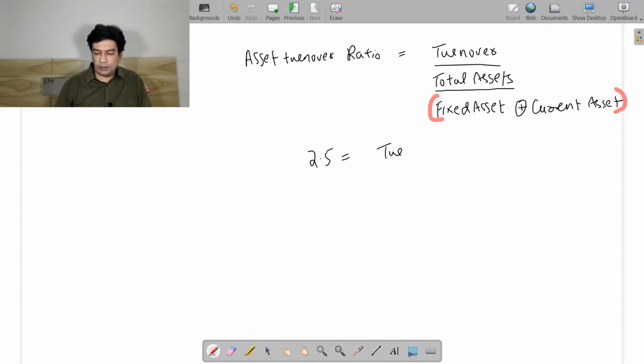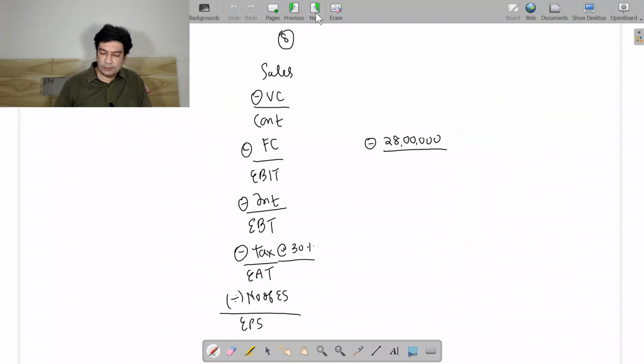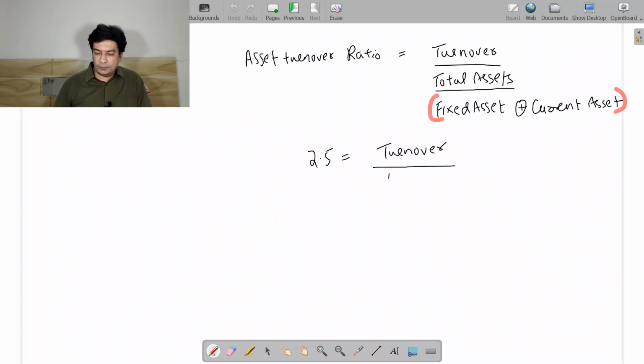I don't know the turnover, but I know fixed assets and current assets in total. I know my fixed assets are 30 lakhs and my current assets are 18 lakhs. So total assets I have, which is 48 lakhs. So I will be writing here the total assets to be 48 lakhs.